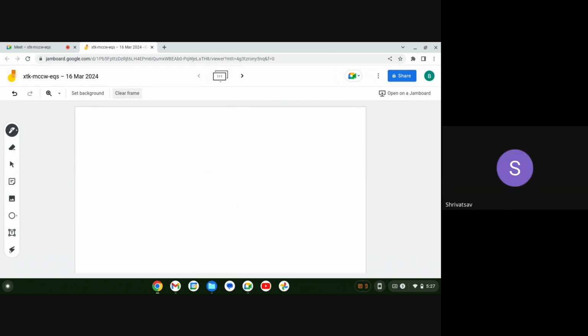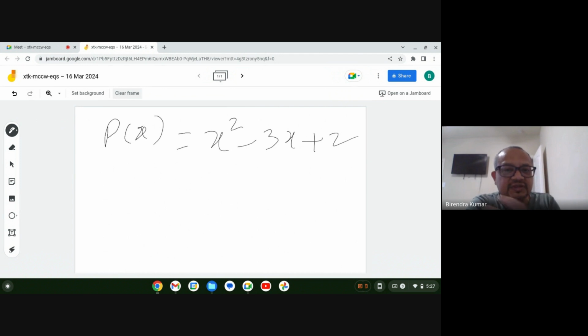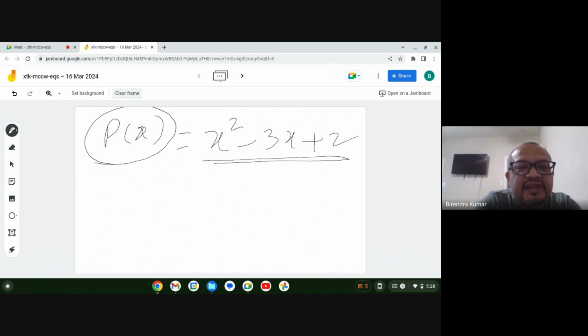Now let's look at a polynomial expression with a variable x: x squared minus 3x plus 2. This is just an expression. It's a polynomial expression because there are multiple terms. I can put a symbol P for it, saying this is a polynomial expression with variable x.